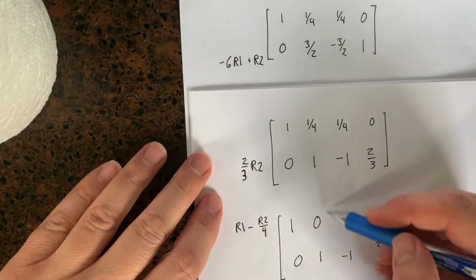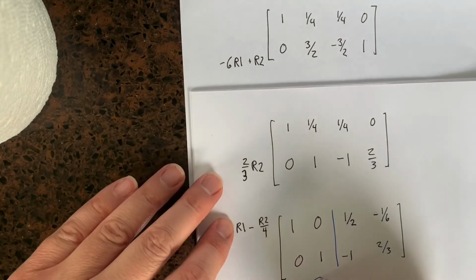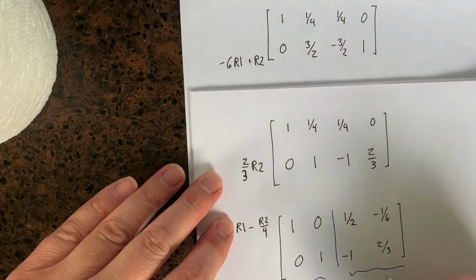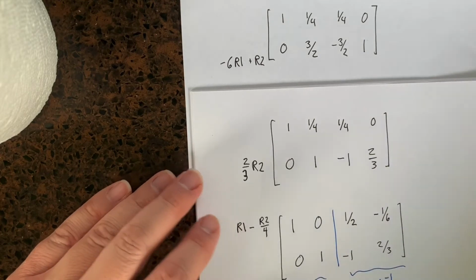So now we have the identity matrix on the left, and whatever is left over here must be A inverse.